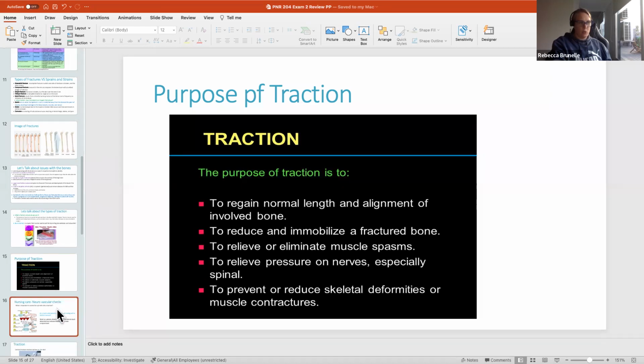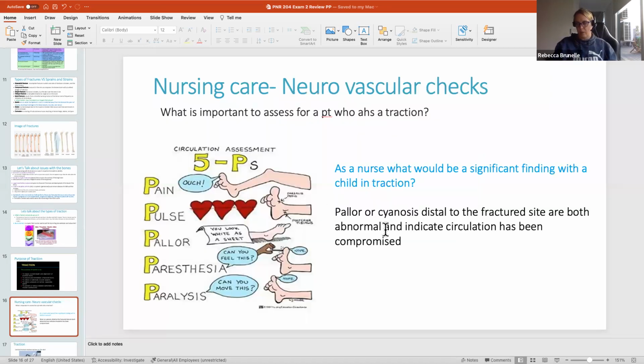Neurovascular checks are the main thing that you think about in terms of having a patient in traction. You need to make sure they can feel the extremity. They should be able to feel it, but it shouldn't be too painful. They should have a normal pulse, normal color. They should not have any numbness, and they shouldn't have any lack of mobility. So if you have a leg in traction, they should still be able to move their toes.